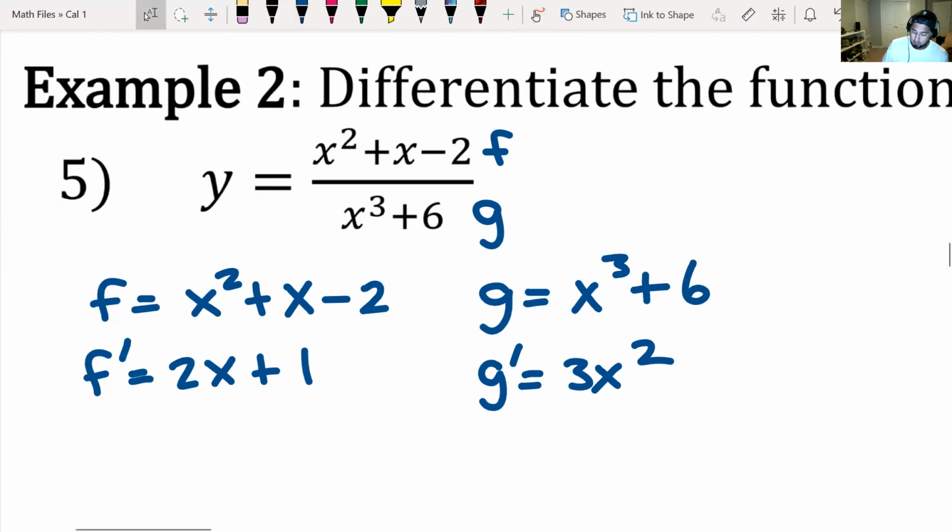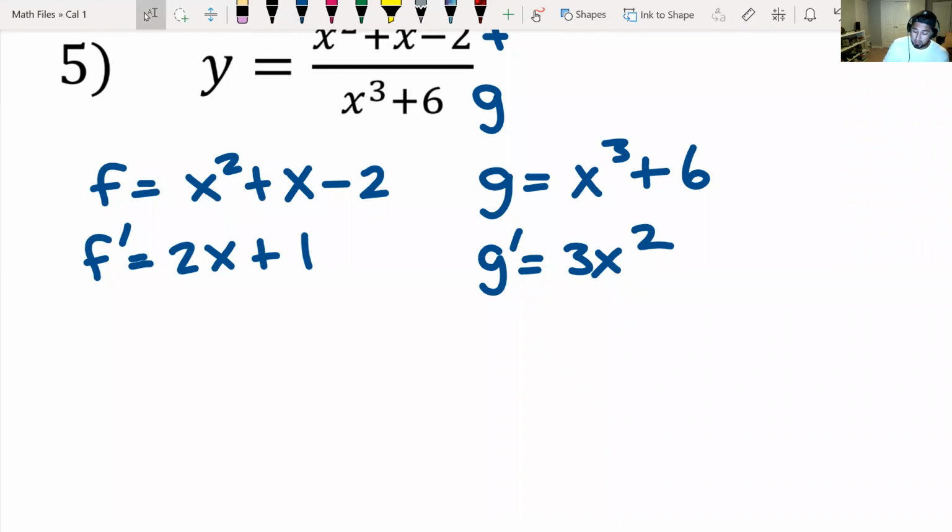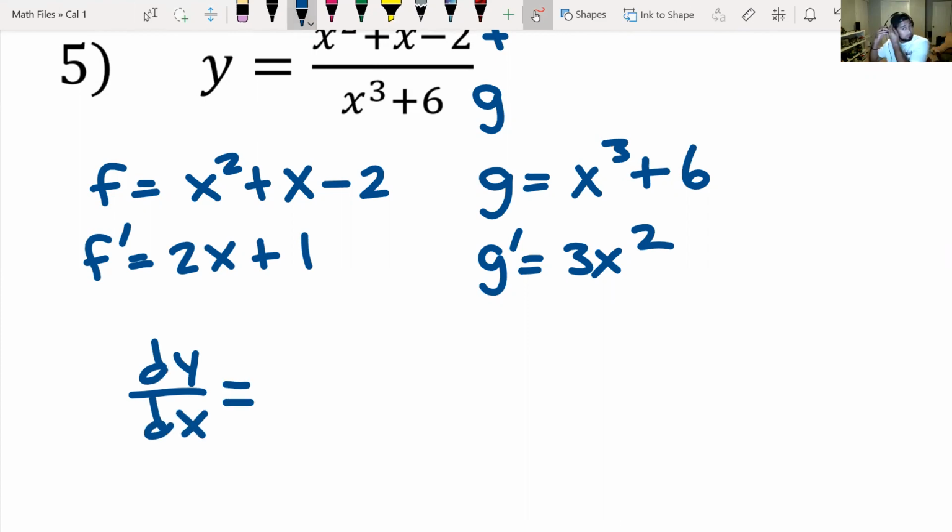All right, we're taking the derivative of y. So I'll play around with notation again, and I'll write dy over dx. Okay, follow the formula.